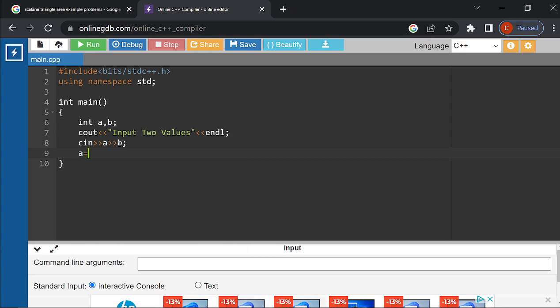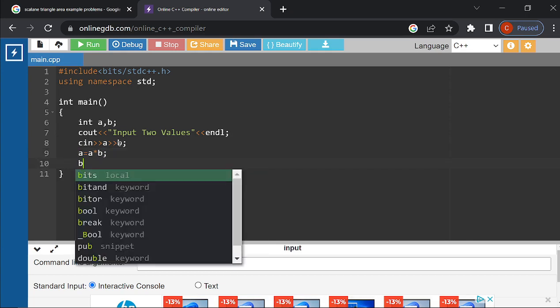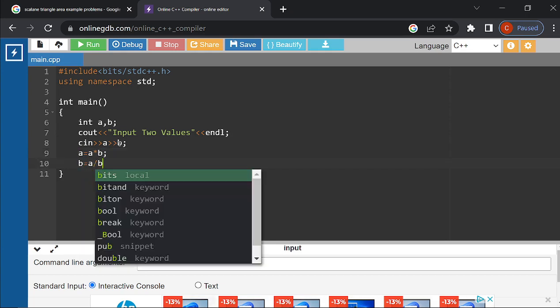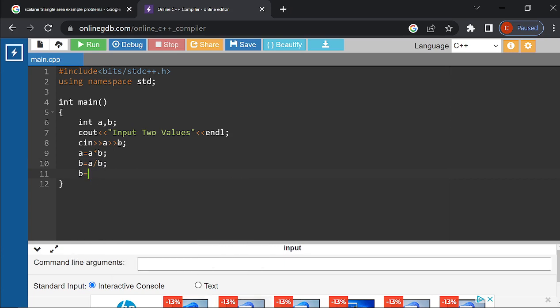I stored A as A into B initially, then B equals A divided by B, and then A equals A divided by B. Now let us print these values.